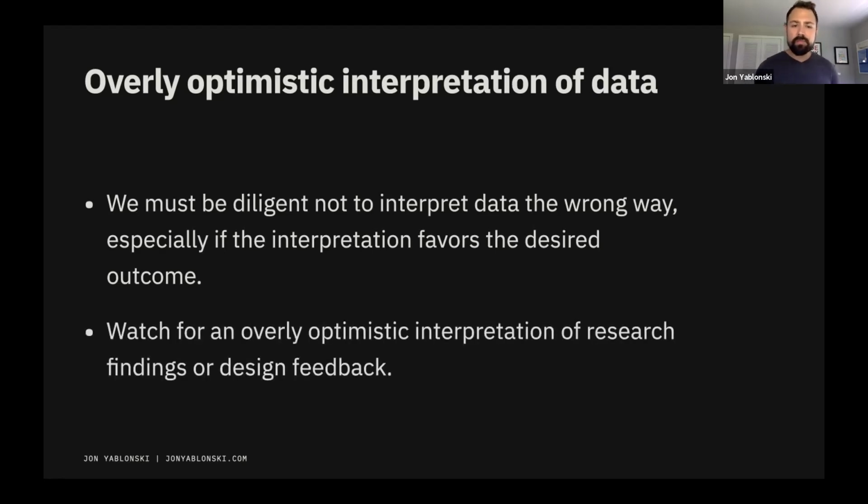Secondly, we can watch for overly optimistic interpretations of research and findings through our design feedback. So whether it's our research or the feedback, being diligent about honing in anytime it's overly optimistic is always a good thing, and a very effective way of rooting out when these biases might be creeping into your design process.